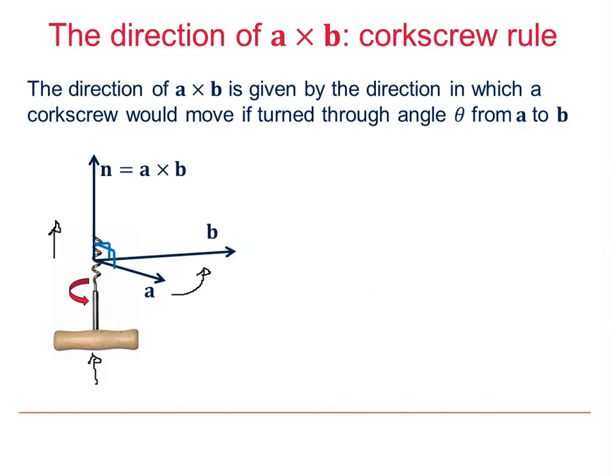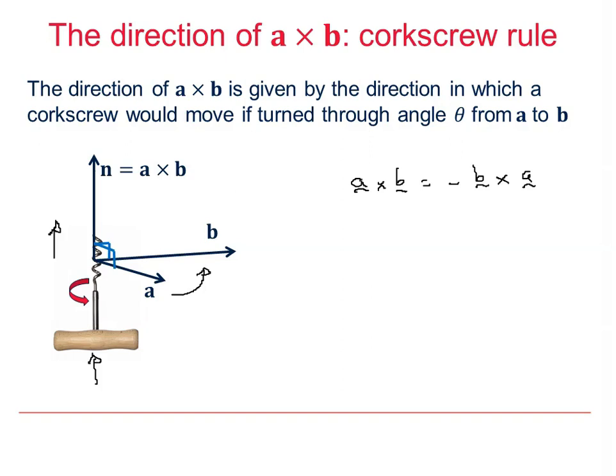So the corkscrew rule gives us the direction of the cross product a cross b. Because of this corkscrew rule, we can see immediately that a cross b must be in the opposite direction to, in other words the negative of, b cross a. Because if we turn the corkscrew from b to a, it would travel in the opposite direction.